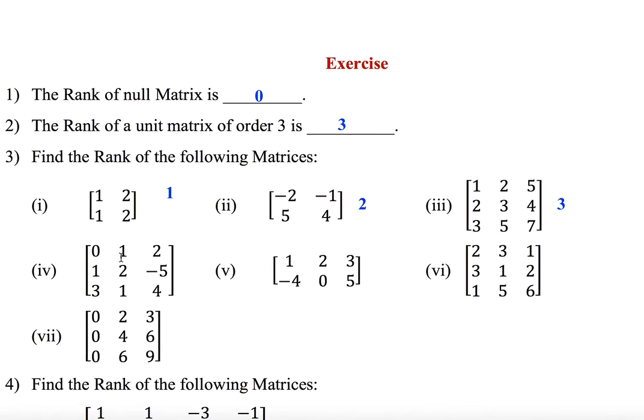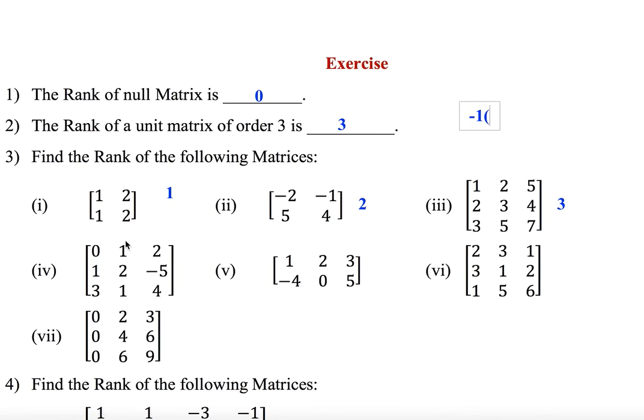What about this? Again we need to find the determinant, because there is no similarity in the rows or the columns. Let's proceed from here. 0 into something is 0, so you need not bother about it. For the second element, the sign is minus 1 to the power i plus j. Second row, second column, so minus 1 to the power 1 plus 2, that is minus. That tells you the sign.